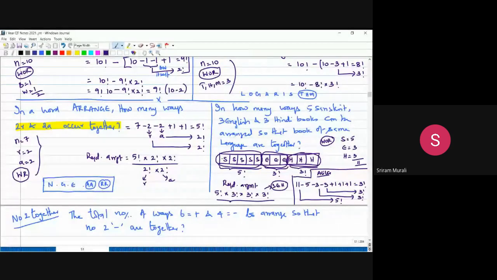All the 5 Sanskrit books can be arranged in 5 factorial. All English in 3 factorial. All Hindi in another 3 factorial. But can you not take all the Sanskrit, English, Hindi as one bulk? That bulk interchanges itself in another 3 factorial. That is why it is 5 factorial, 3 factorial, the whole cube. Otherwise, you do like this.